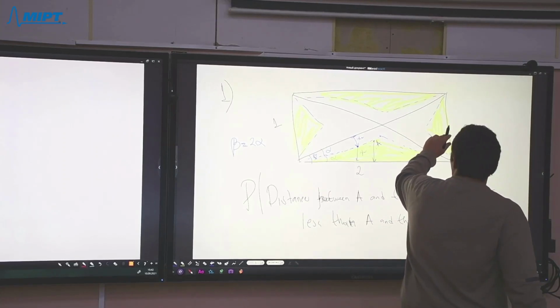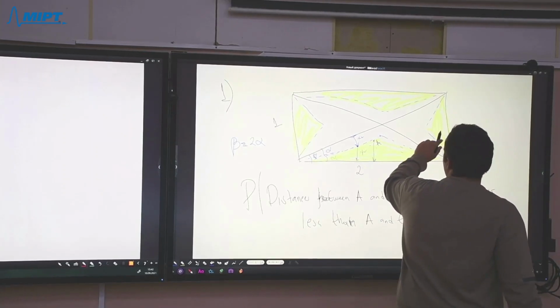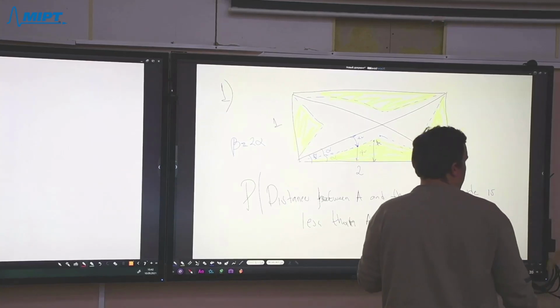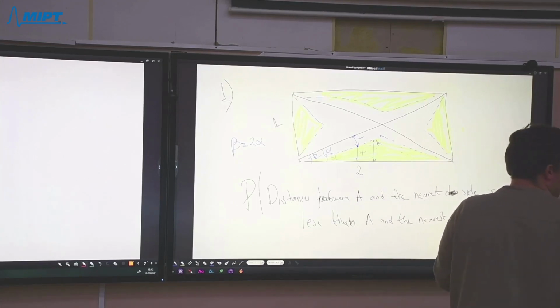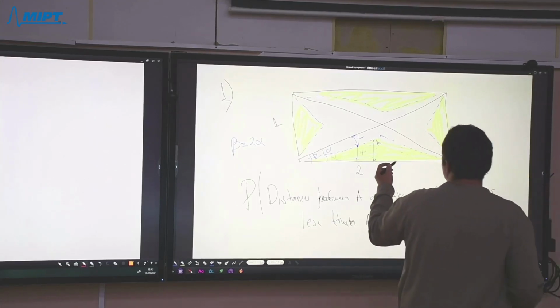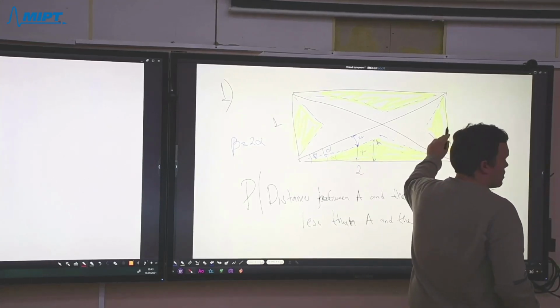Wait, you mean how to find this area? Yeah, to find the area. Ah, right. Yeah, there are many different ways, of course. Should I discuss it? Yeah, please. My idea was, if we continue this line up to here.